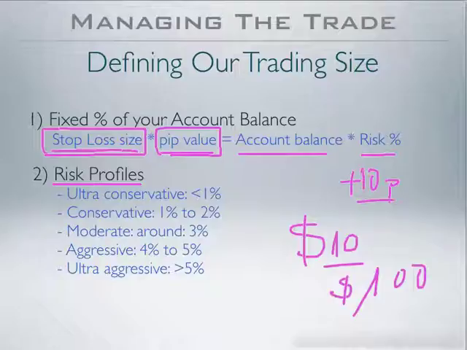In case you don't know any website where to look up the pip value for each particular currency pair, under this video, in the resource link section, you will find a link to a small website where you can calculate very quickly the pip value for each particular currency pair.